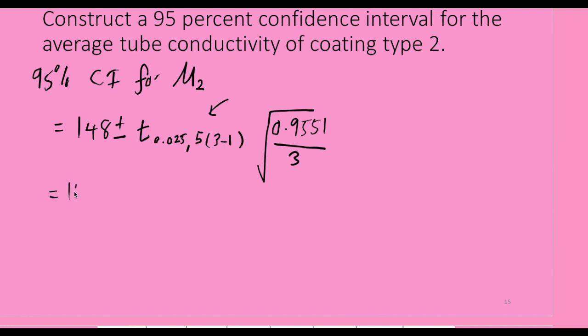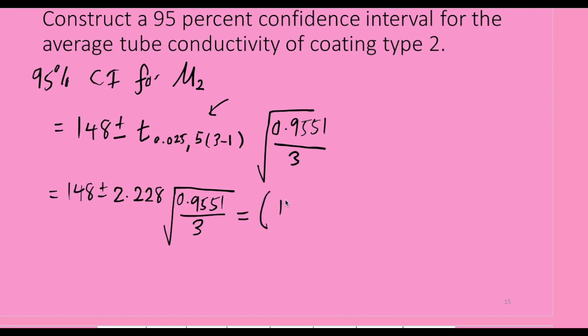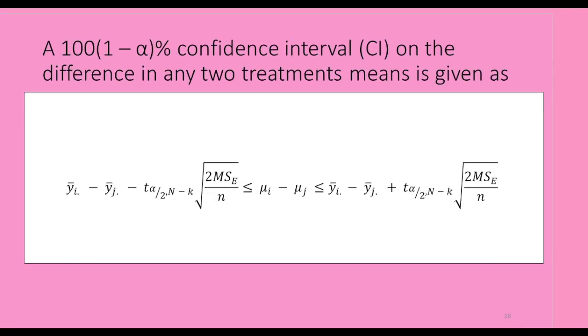We have here 148 plus minus 2.228 square root of MSE 10.9551 divided by Ni. And the answer is 143.7424, 152.2576.